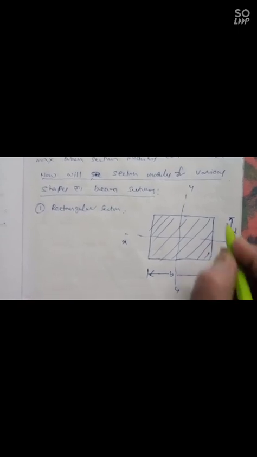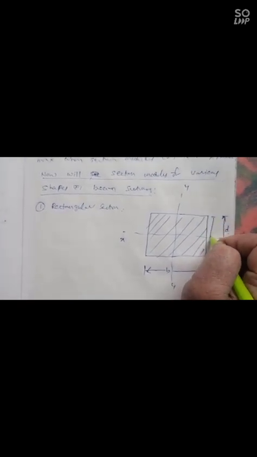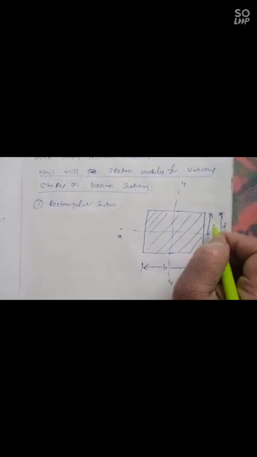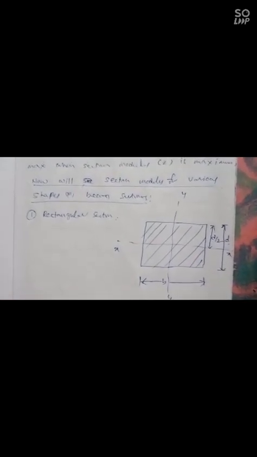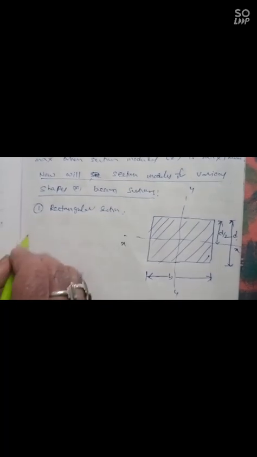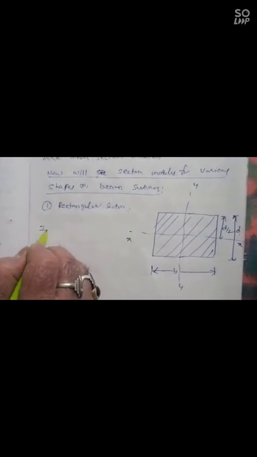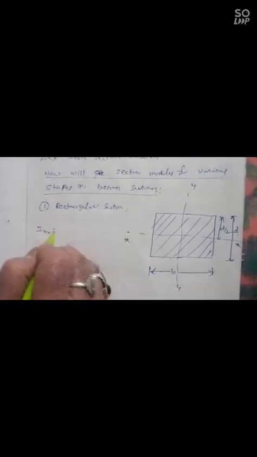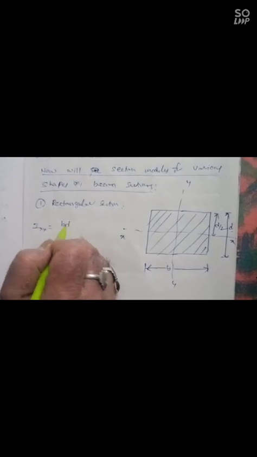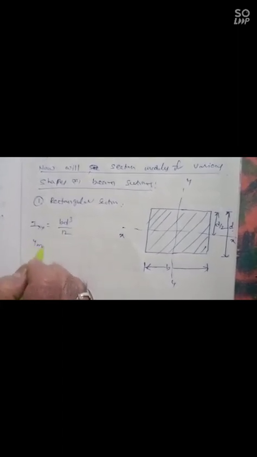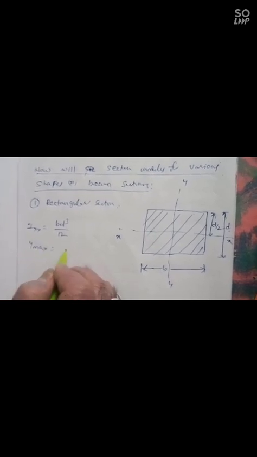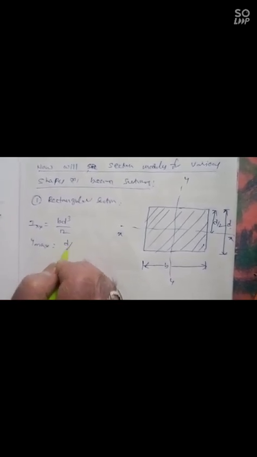Okay, so y maximum occurs at d by 2. For a rectangular section, moment of inertia about x-axis is equal to b d cube by 12 and y maximum is d by 2.